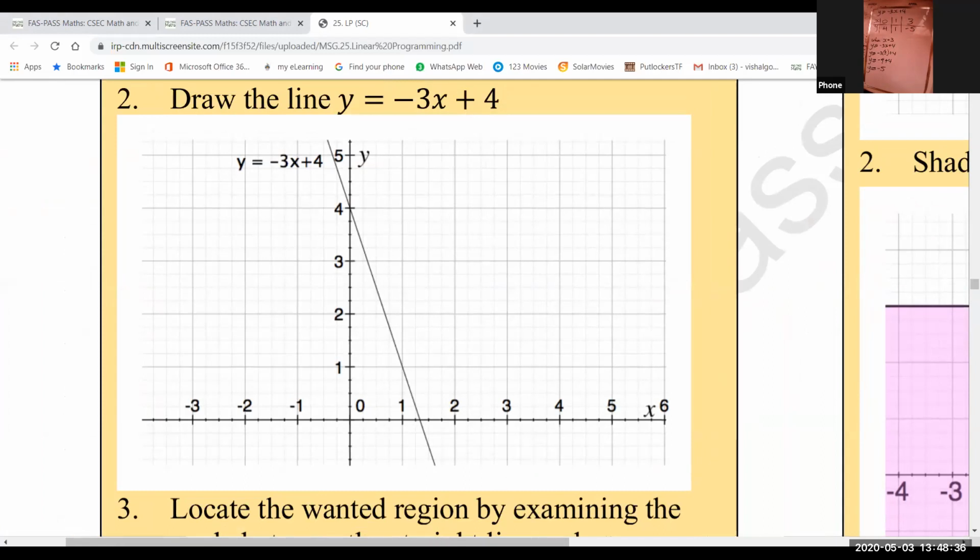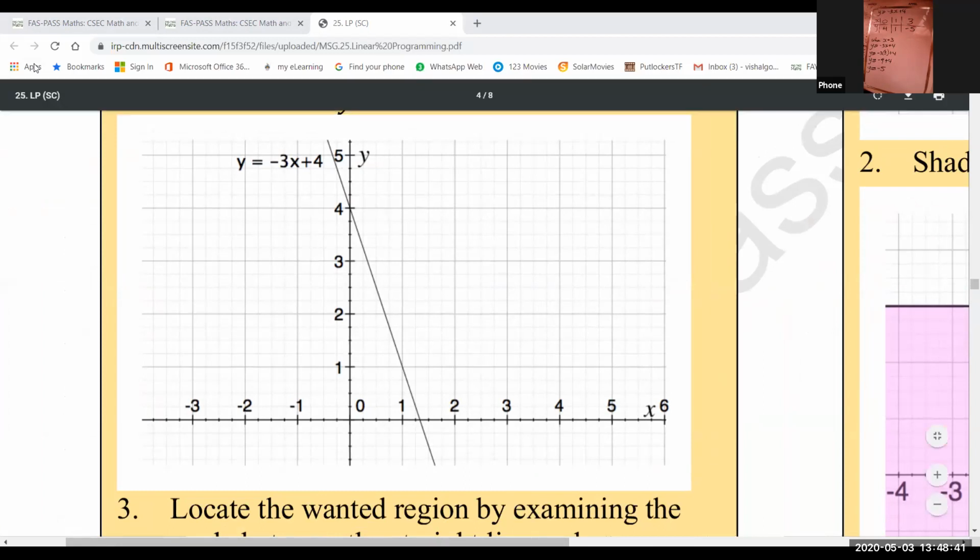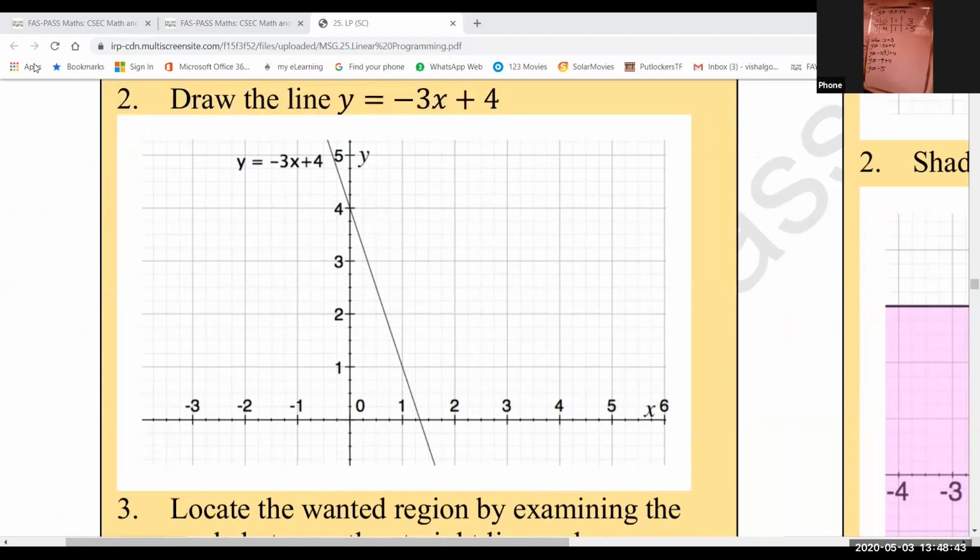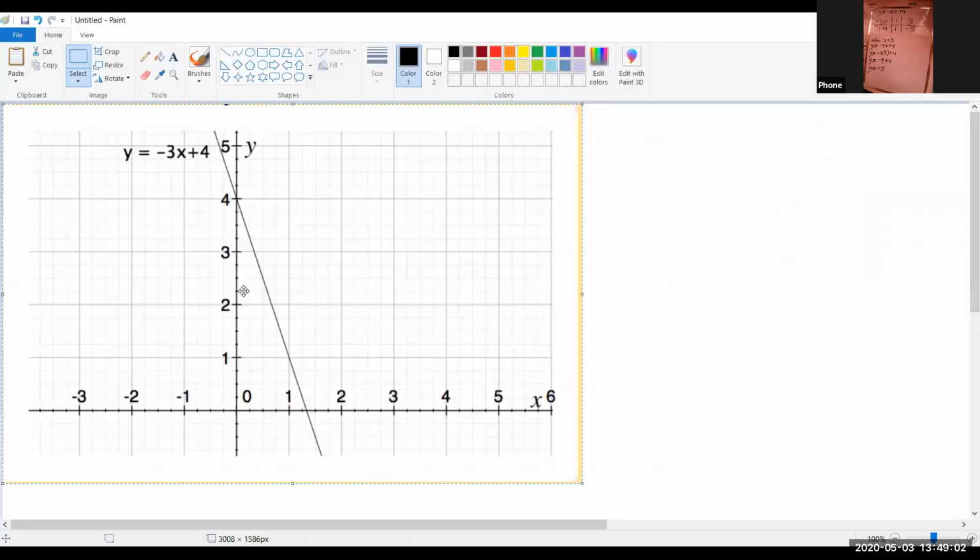Let me just snip this and put it on Microsoft Paint, and you all will be able to see it better. All right, so the point 0 and 4 will be right here.